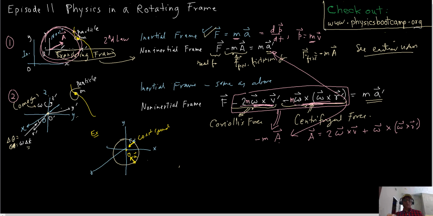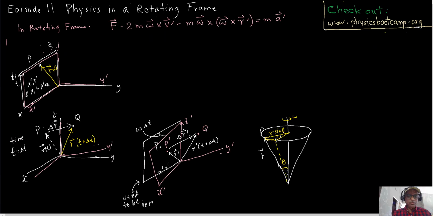Okay, so I just drew some pictures to help us and reduce the time in writing. In the rotating frame, we just covered that we are going to see something like this. I haven't told you how I got this, right? But you're going to see something like this.